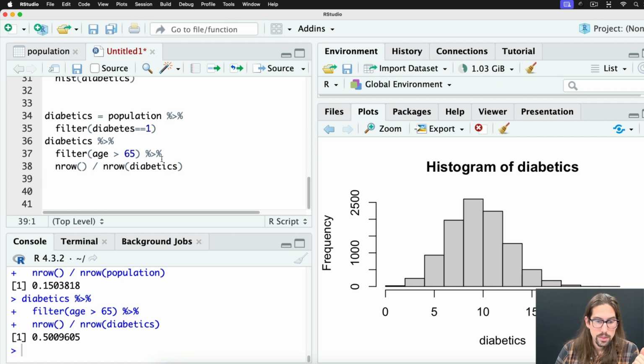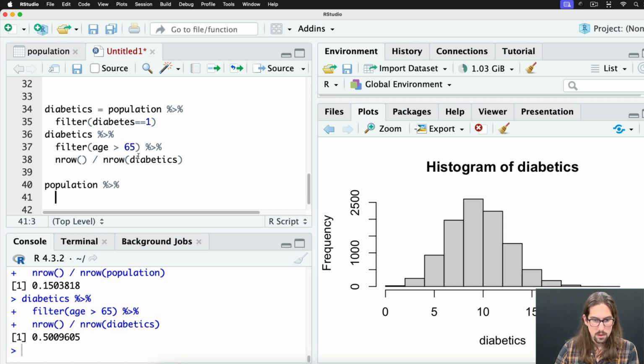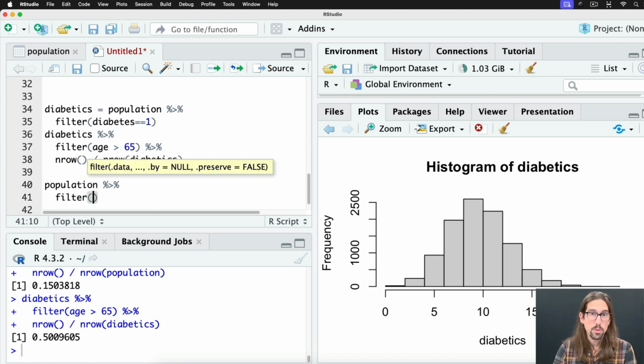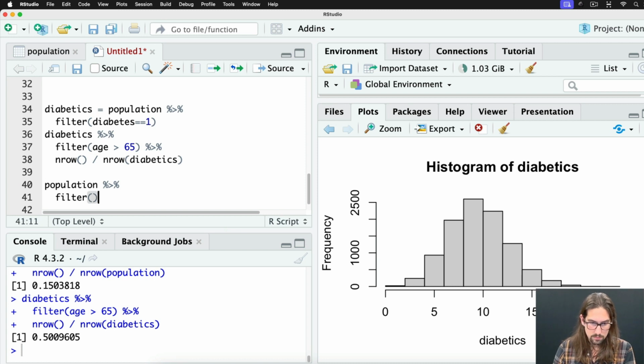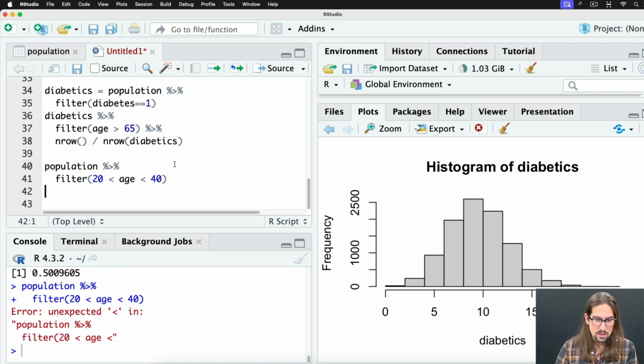Okay, so let's go back to the total population. Now we'll just count how many people match both of those conditions at the same time. So age between 20 and 40. A common mistake is you do this, and this doesn't work in R, because it evaluates this to be either true or false for each person in your data set.